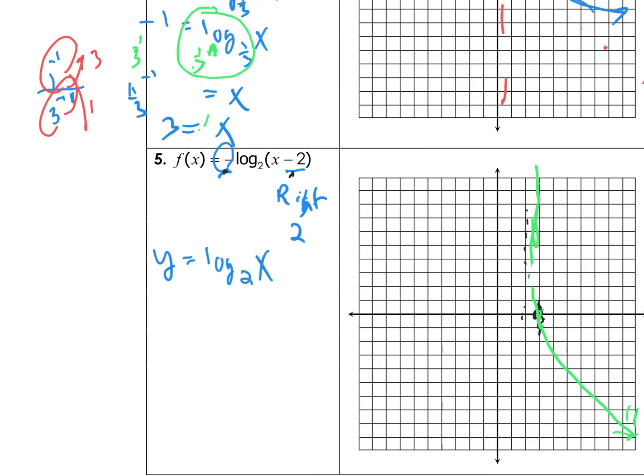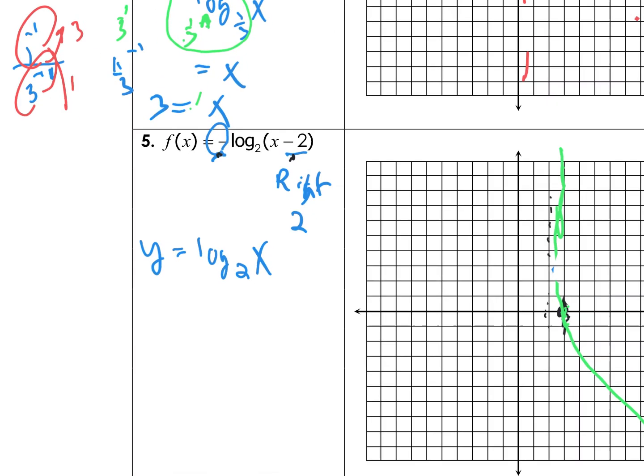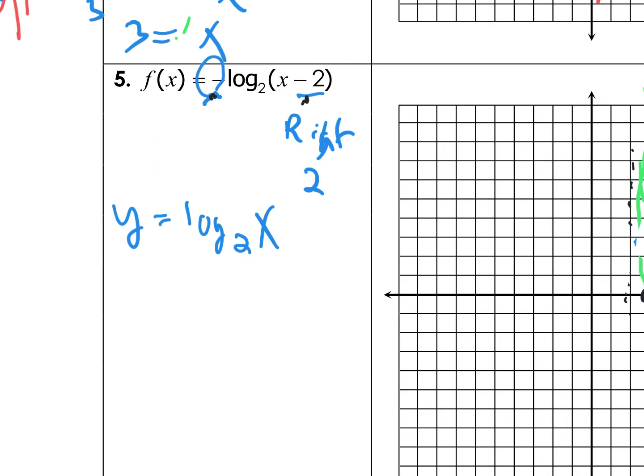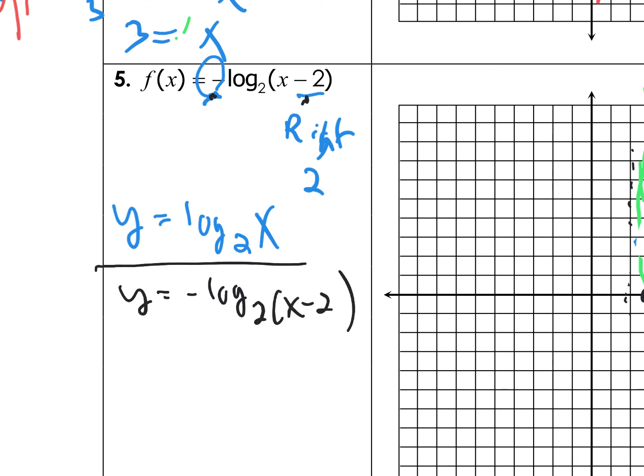So let me go ahead and do that work here. The original function is y equals negative log base 2 of (x minus 2). And so we want the y to be 0. So 0 equals negative log base 2 of (x minus 2).